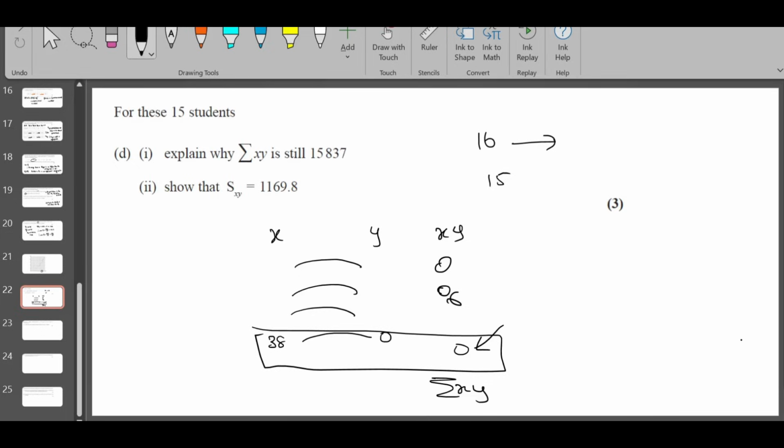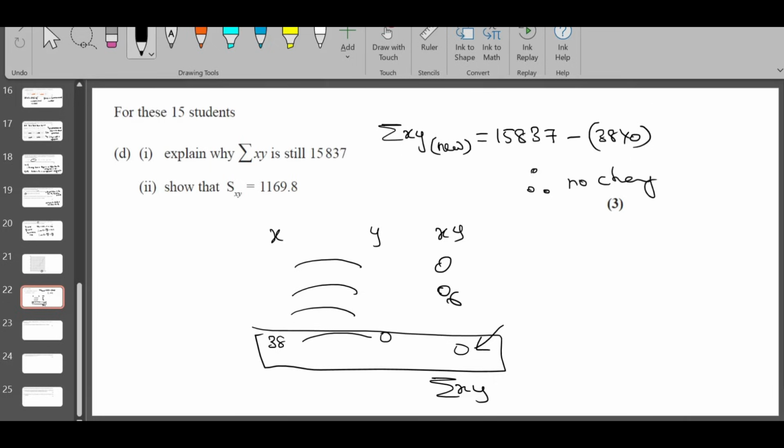You are neglecting 0, so basically it's still the same thing, right? So you need to write the sigma xy new is equal to 15837 minus 38 times 0. Therefore, no change.